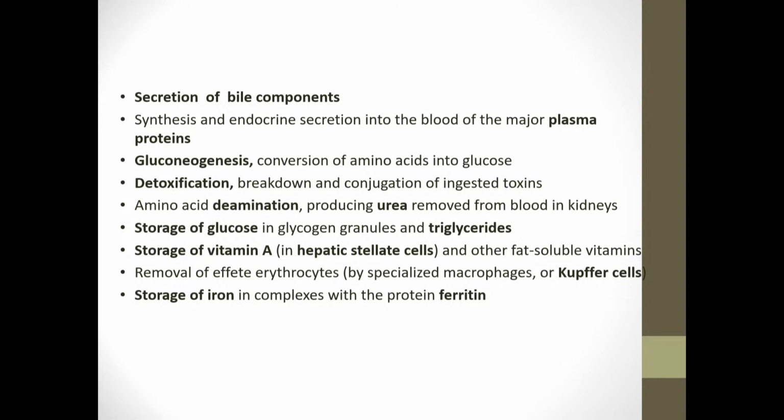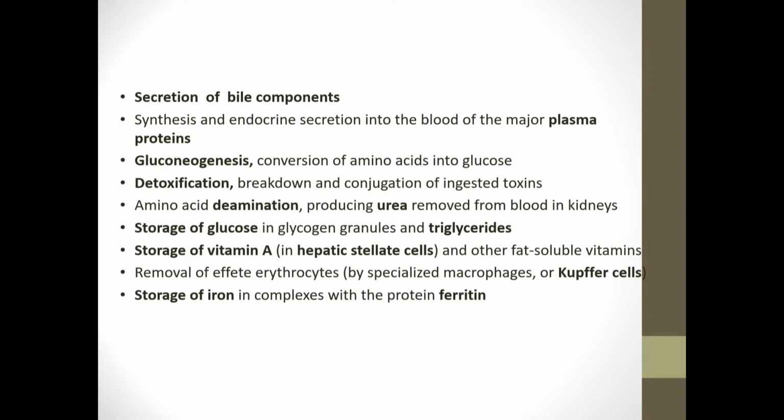It is the structure between the blood and the digestive system. So what are the functions of the liver? Secretion of bile components. This is the exocrine function of the liver.